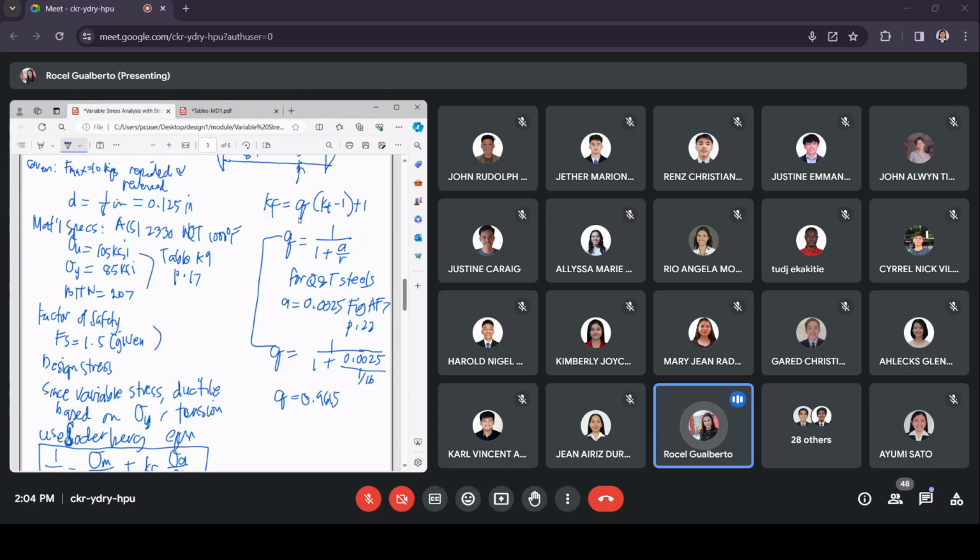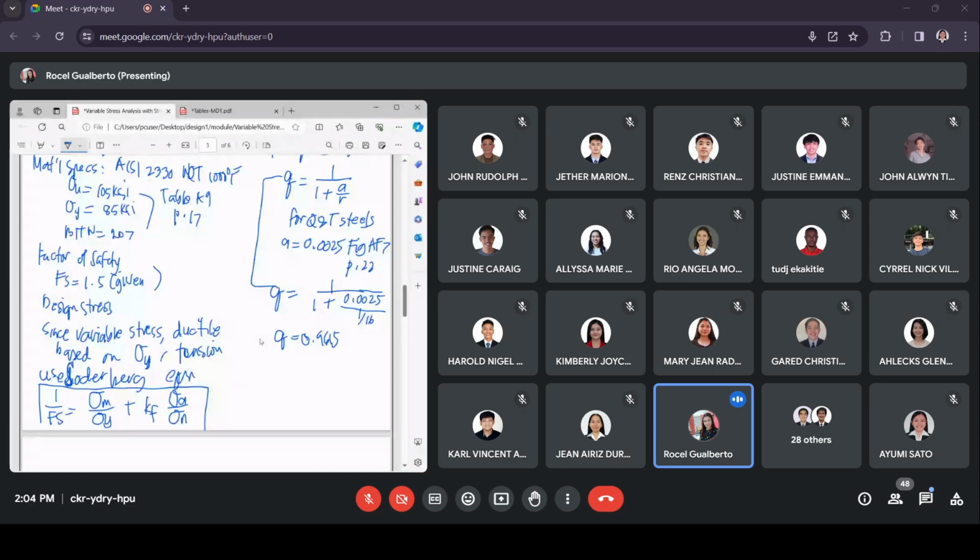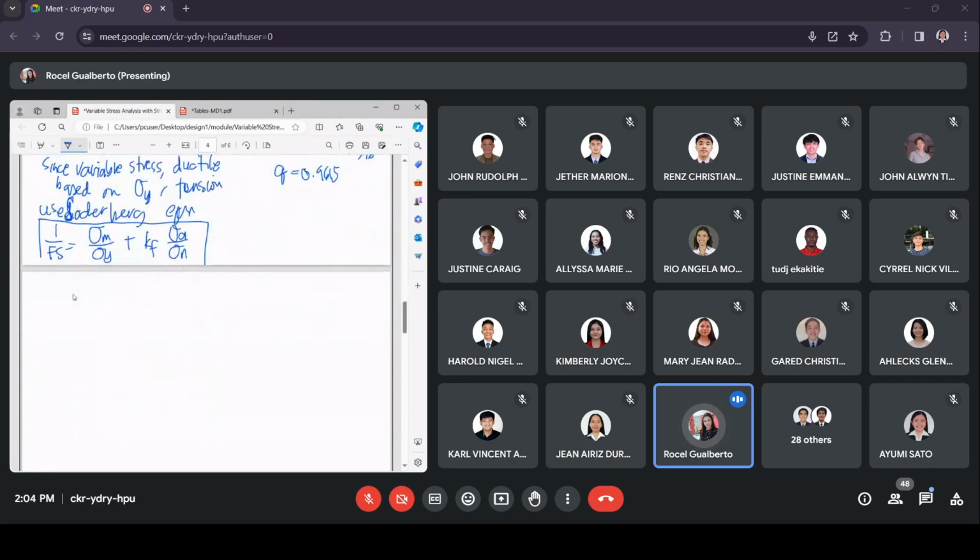Now you have the Q. Next is the value of Kt. For the value of Kt, you will use now figure AF8. Why do we use figure AF8? This is the shaft with central hole.